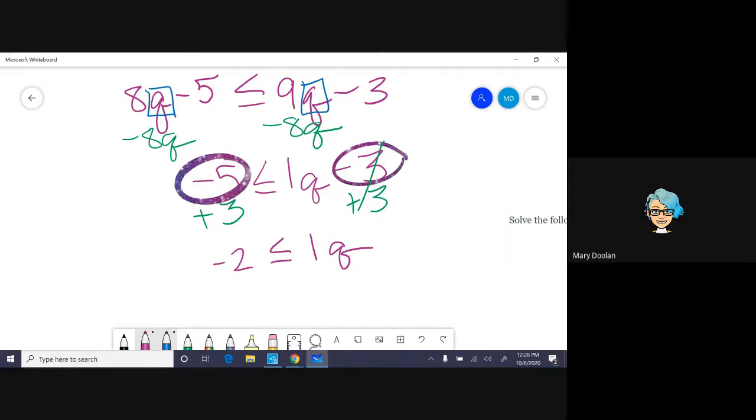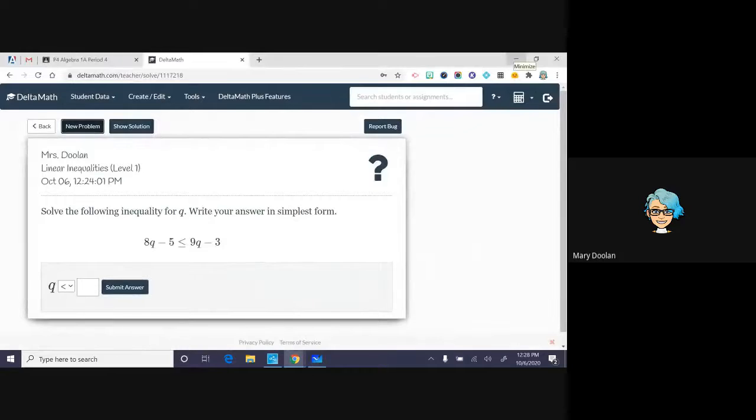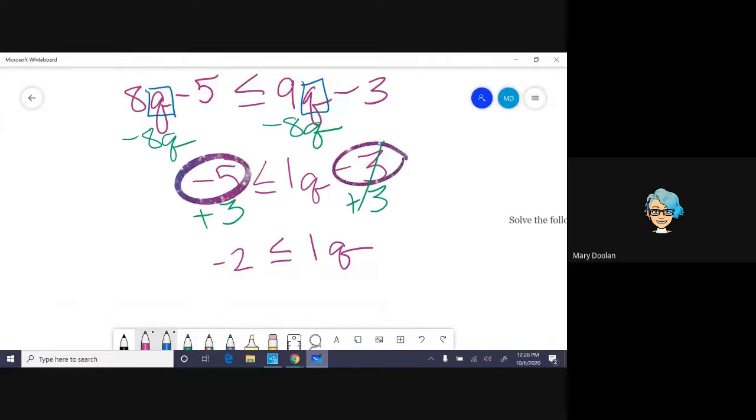Okay, well, I'm done. But when I go to type my answer in, notice that q is first. I can't put the negative 2 first. So what am I going to do? I've got to rewrite this. You can read an inequality from left to right, or you can read it from right to left, but you have to read the symbol backwards.